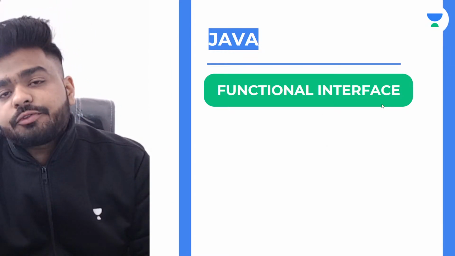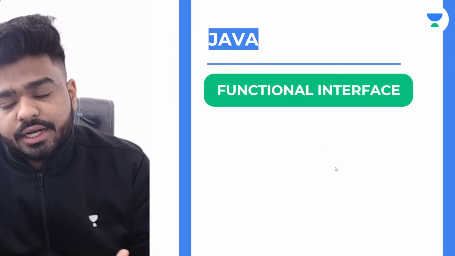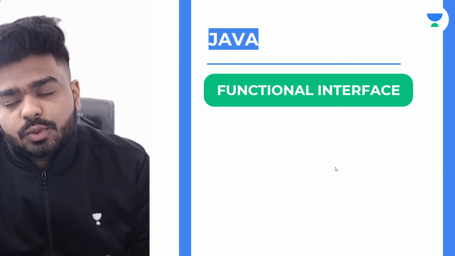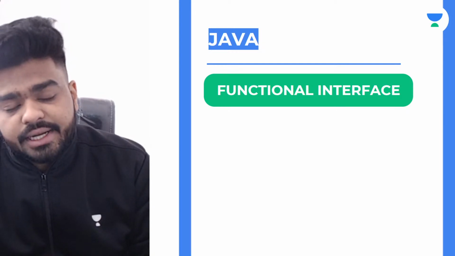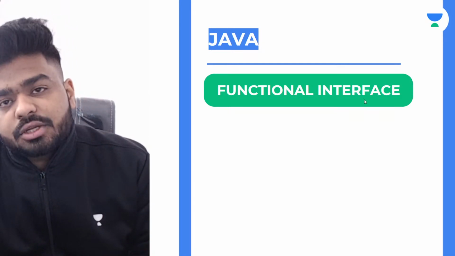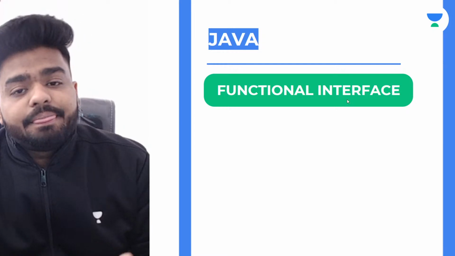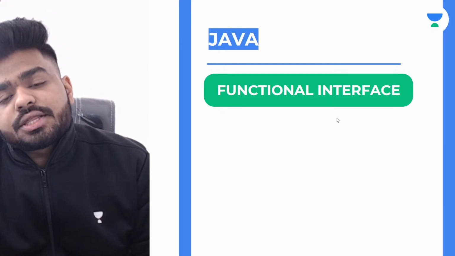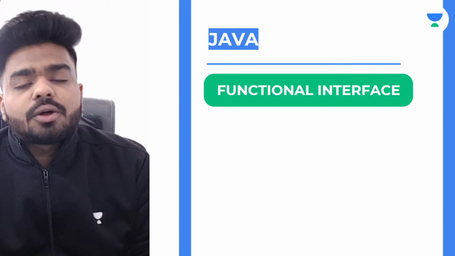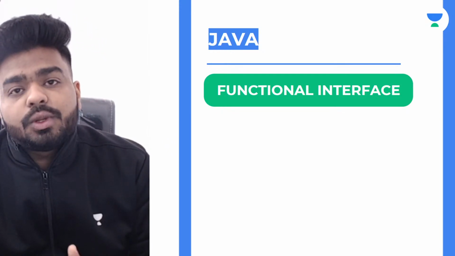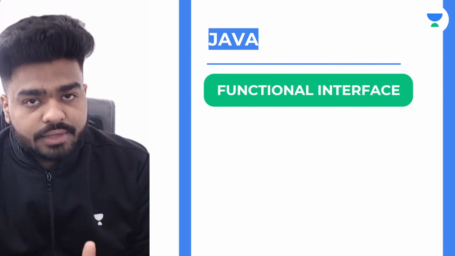Now, when we talk about interface, we know some things about it, right? Because we have seen what is abstraction, what is interface, why interface came into the picture. Once interface came into the picture because of multiple inheritance, it was designed in such a manner that if you make a class an interface, all the methods inside that interface will be only declared and not defined, right?